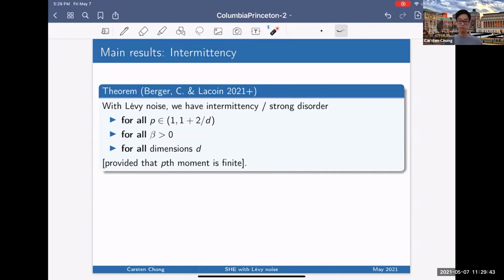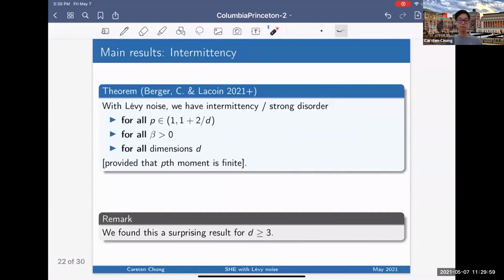It's not like with Gaussian noise, where typically you don't have intermittency for all betas in higher dimensions. With Lévy noise, you really have intermittency in any dimension for any value of beta. We find that a surprising result if you compare with what is known in the Gaussian case.